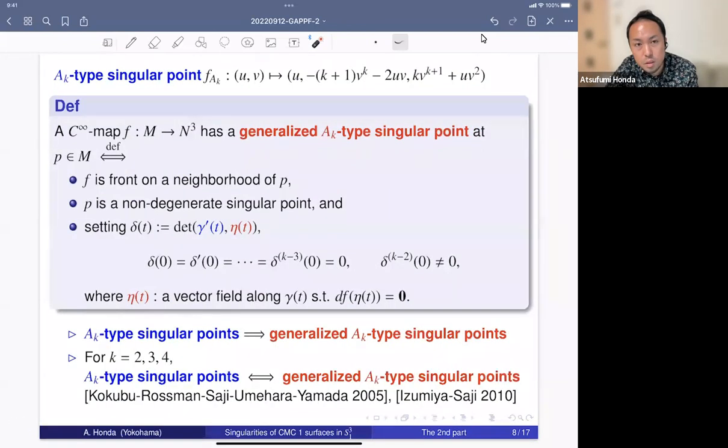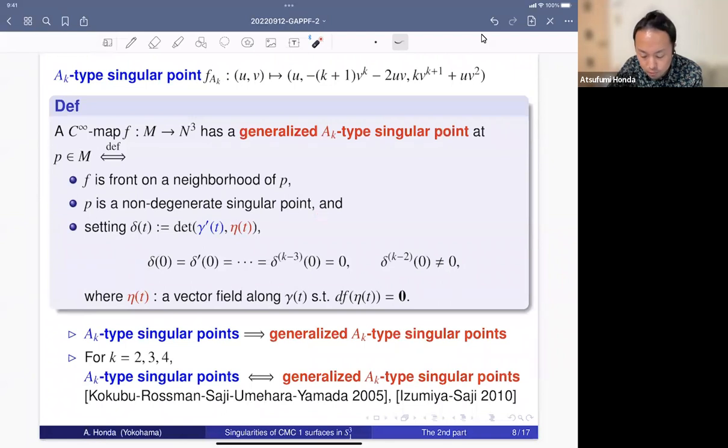The properties of AK-type singular points imply the following conditions. According to this fact, I want to define generalized ones in this way. A smooth map F has a generalized AK-type singular point at P if the following three conditions hold. The first one is that F is a front on a neighborhood of P, and the second one is that P is a non-degenerate singular point.